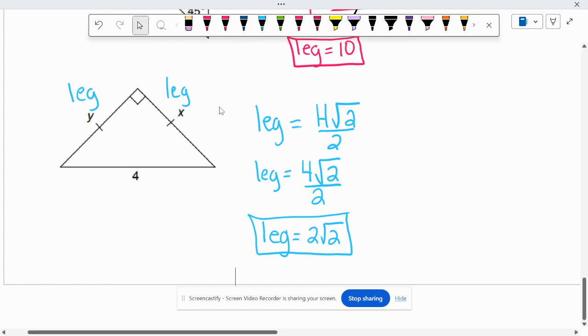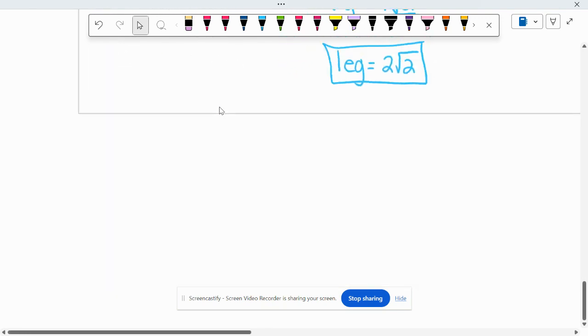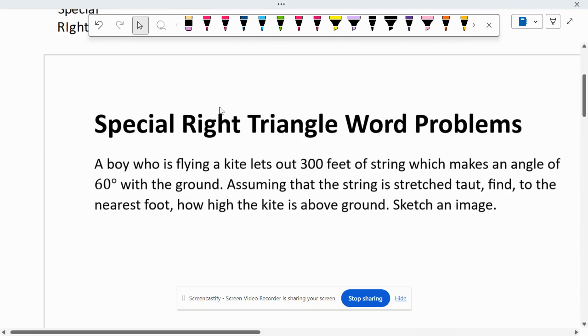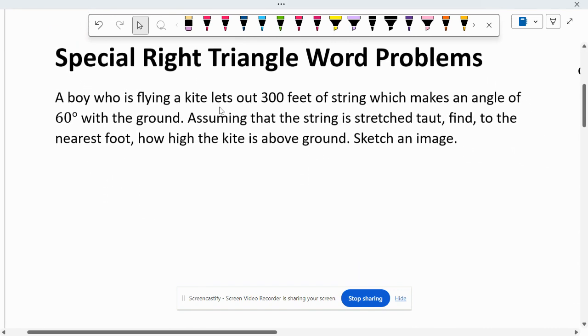Okay, so open it up and we're going to do 4 word problems. Okay. So a boy who is flying a kite lets out 300 feet of string, which makes an angle of 60 degrees with the ground. Assuming the string is stretched taut, find to the nearest foot how high the kite is above the ground. Sketch an image.